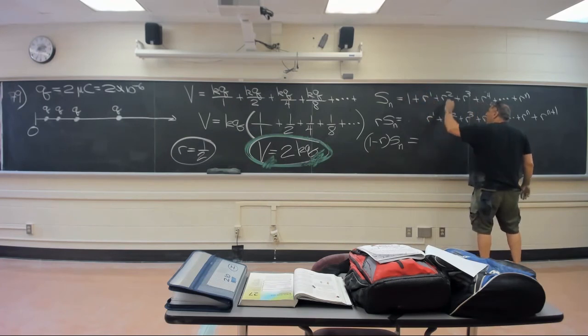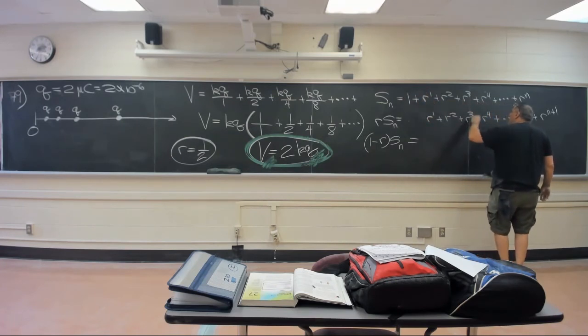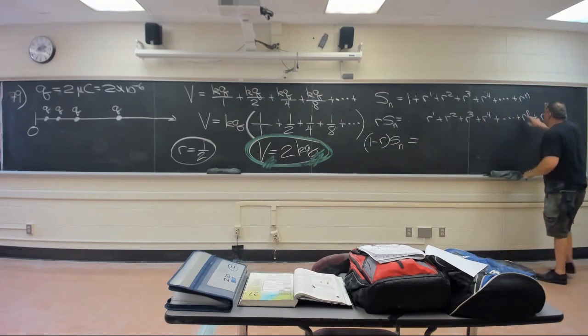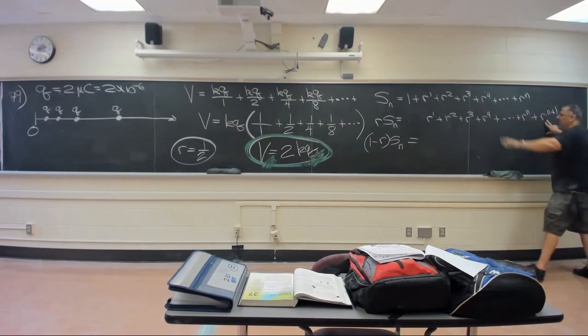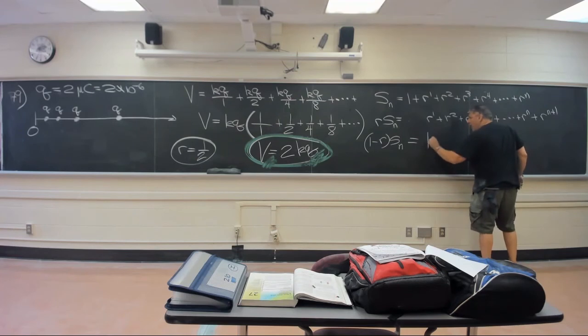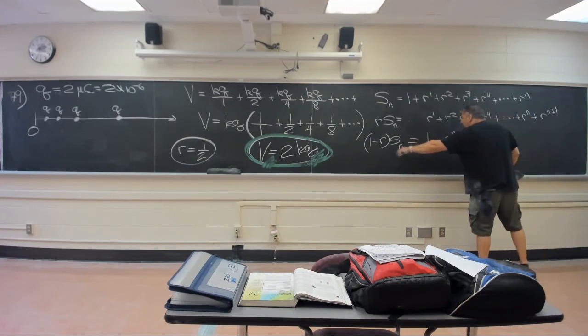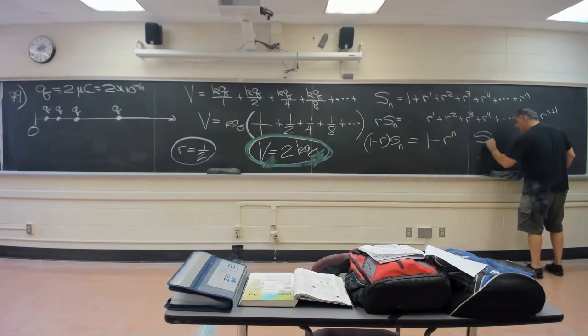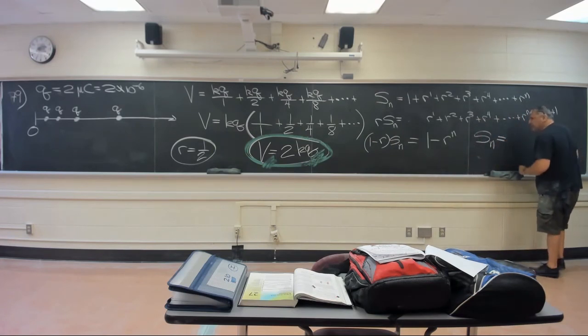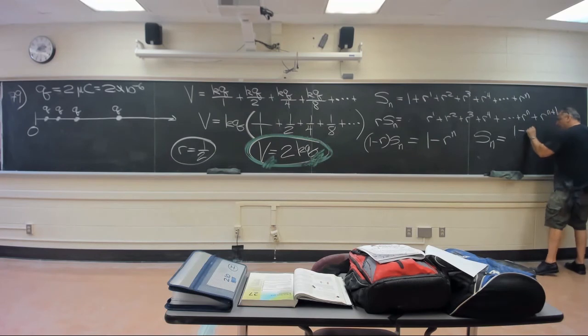R1 minus R1, R2 minus R2, R3 minus R3, R4 minus R4, Rn minus Rn, that's the only guy that remains, and you had a 1 up here. You got 1 minus r to the n. Divide by 1 minus r on each side. Guaranteed answer. 1 minus r to the n over 1 minus r. Now what's going on?